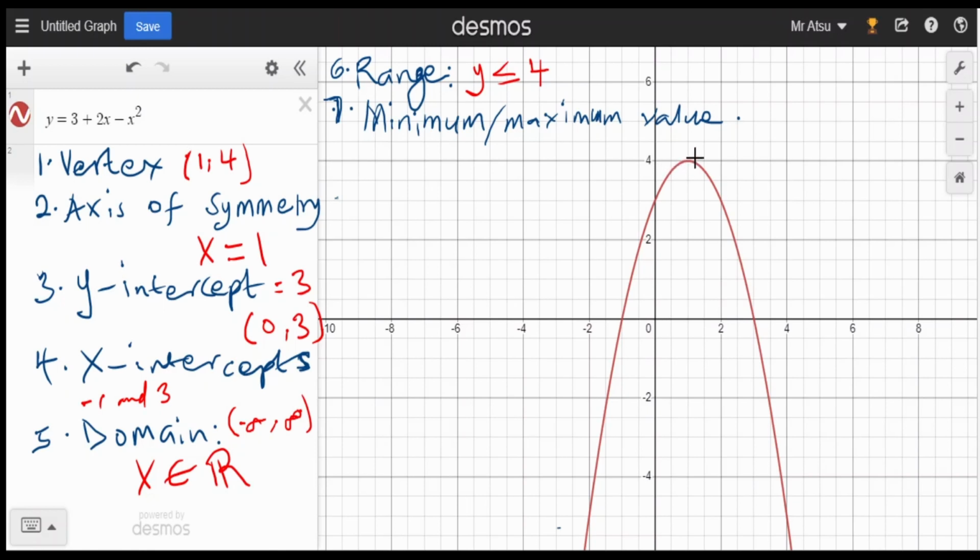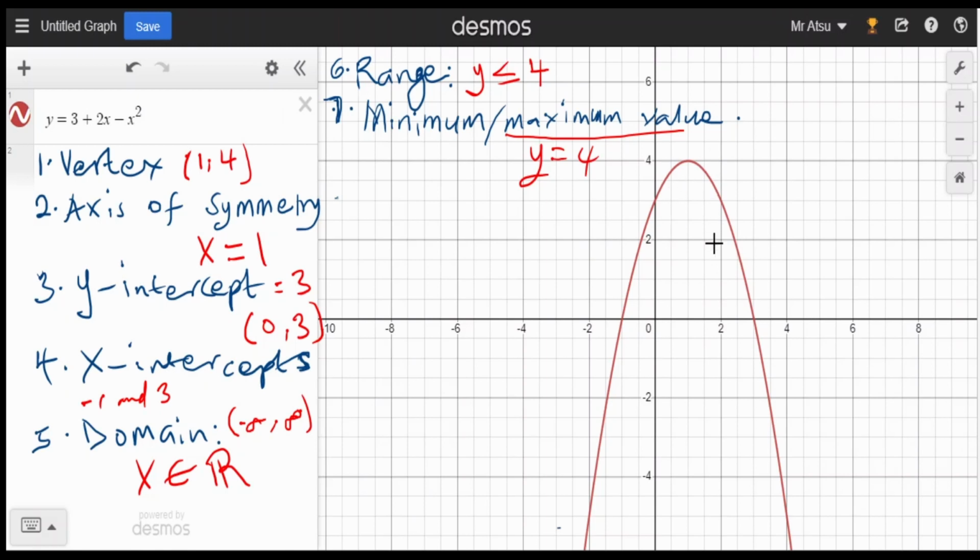When it reaches 4, you can see that it doesn't go above 4, but it can go as low as any value it likes, and I've demonstrated that earlier. Therefore, we say the maximum value is 4, or maybe y equals 4, but the maximum value is 4. And I explained why.